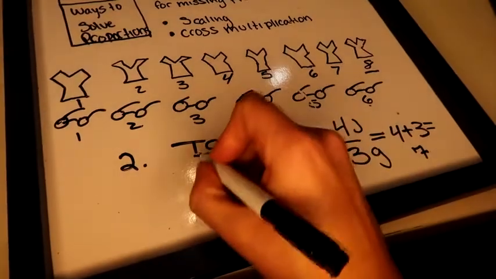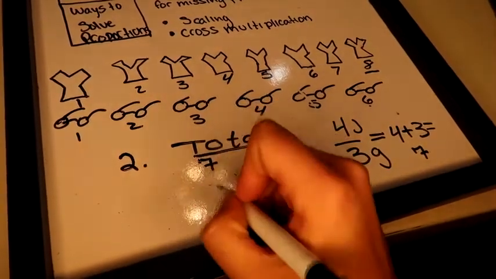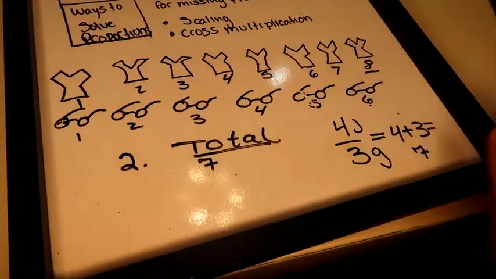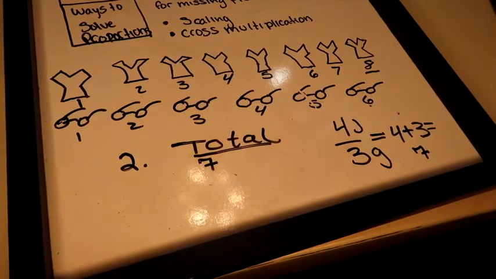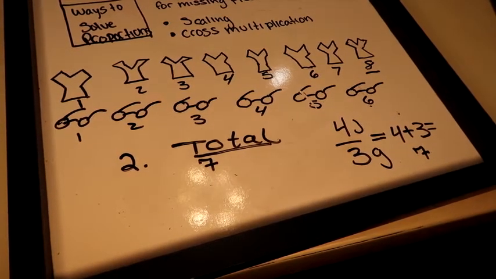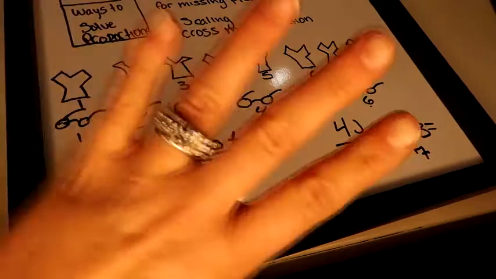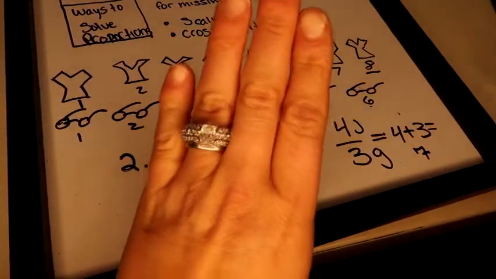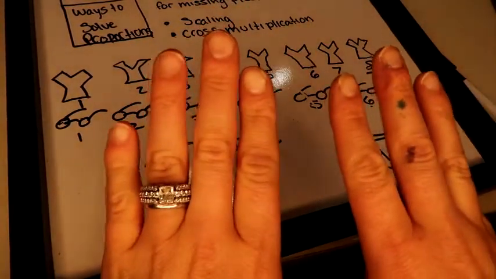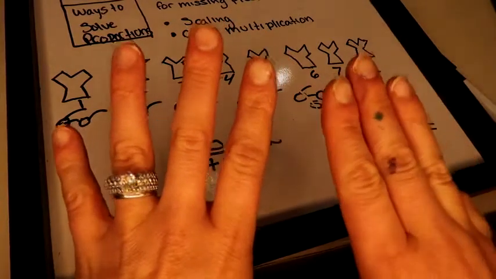So we have a total number of 7. So when we're talking total, we mean the total between jackets and goggles, right? So we have 4 jackets and 3 goggles. So 4, 5, 6, 7. Okay?